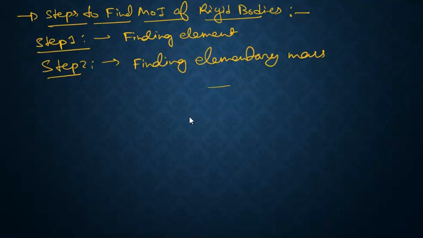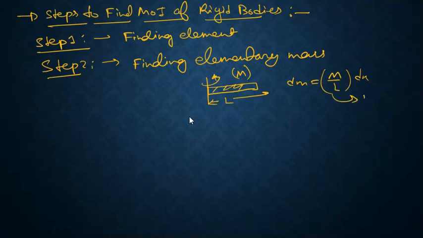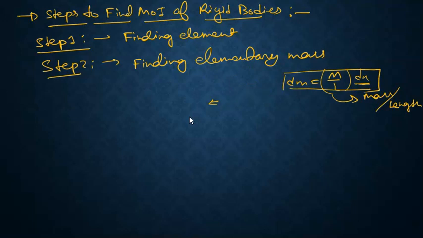Let's say in this case the mass of the rod is m and the length of the rod is L. So dm equals m by L dx, where m by L equals mass per unit length, into the element. By this way you can get the elementary mass, and this will help you to proceed further.